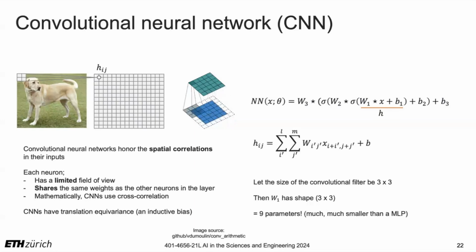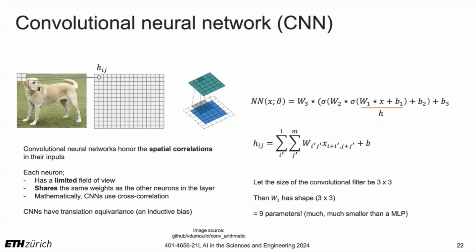The important difference is that each neuron in that hidden layer only sees a few neighboring values in the input image. So, for example, it sees a 3 by 3 or a 2 by 2 patch of the image. And so this neuron here is not connected to the entire image, and therefore has many fewer weights that we're multiplying the image with to get the activation of that neuron.